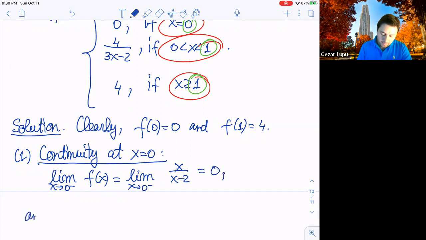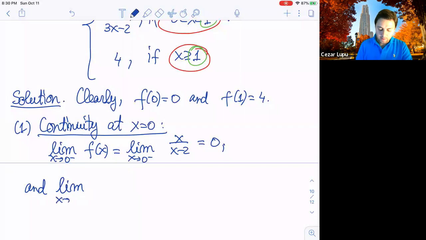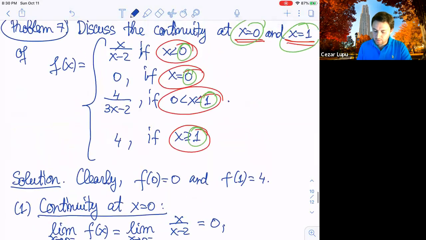And let's look at the right-hand limit. This is the limit as x approaches 0 from the right, so for values greater than 0 of f of x, this is just the limit as x approaches 0 plus. This time, let's look at which function applies.